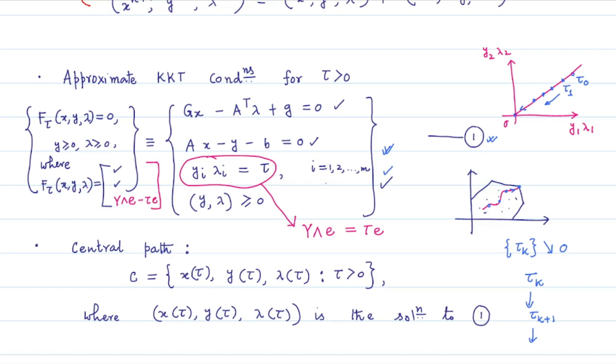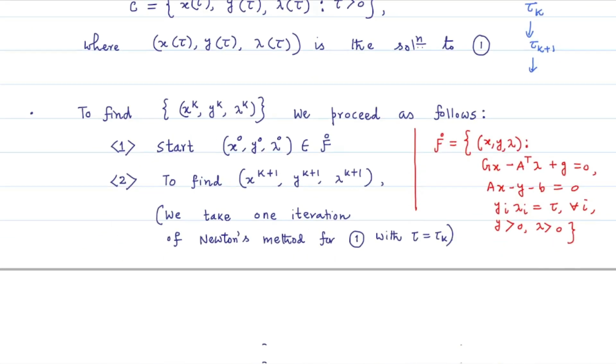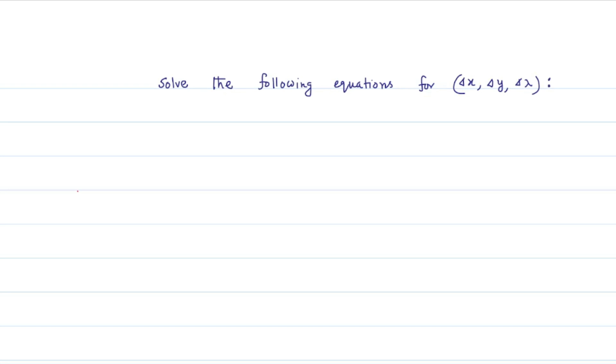Now for this function, the Newton scheme gives us the Jacobian of this function times delta x, delta y, delta lambda equal to the negative of this function, which will give us this matrix.